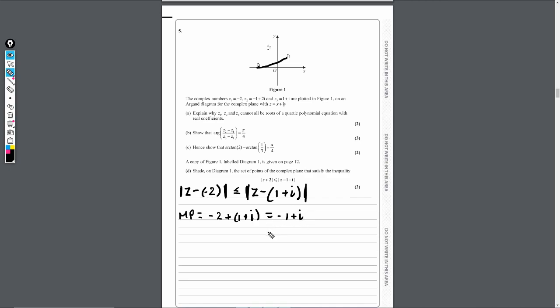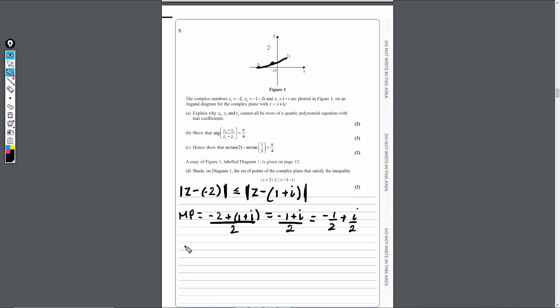And then we have to divide this by 2. Remember, it's the average of it. So if I divide it by 2 here, do the same here, that's going to give me -1/2 plus i over 2. Okay, so that's the average there. So that's my midpoint, so that's roughly going to be, I don't know, about there, let's just say. Okay, and now we can work out the gradient.